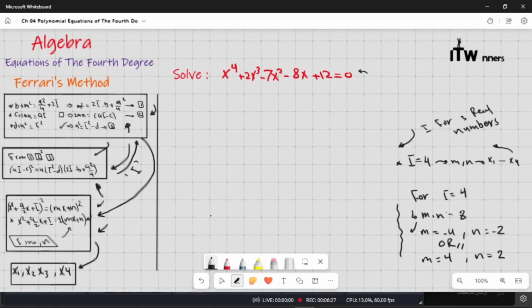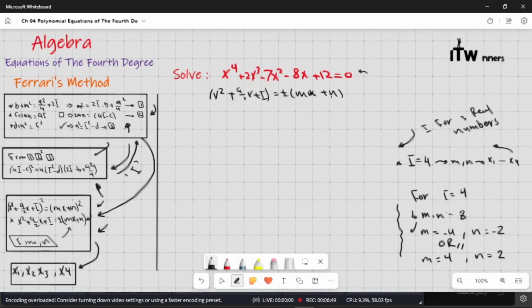So we have here x squared plus ax plus I equal to plus or minus (mx plus n).